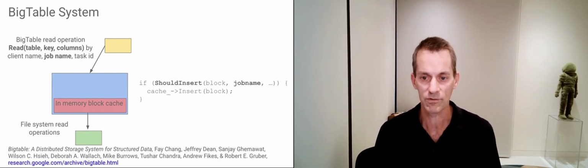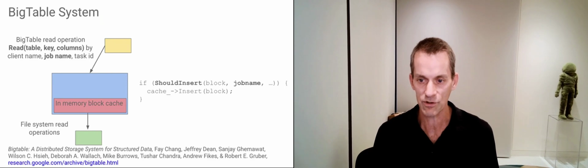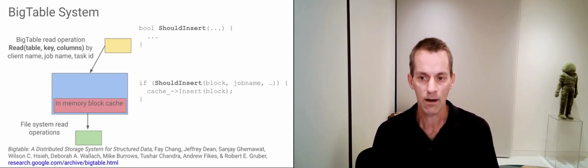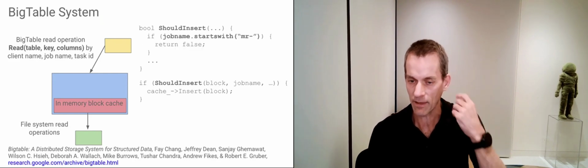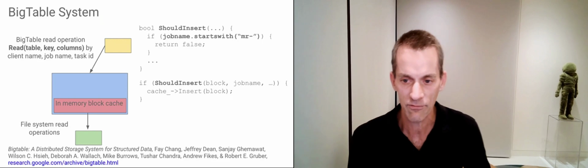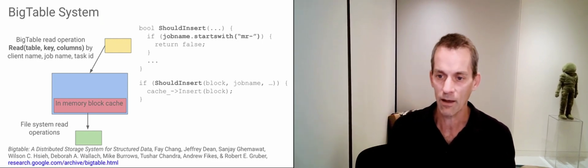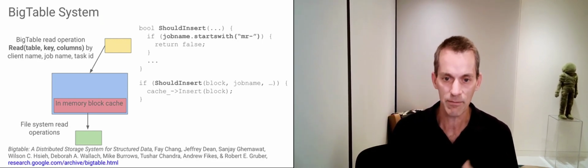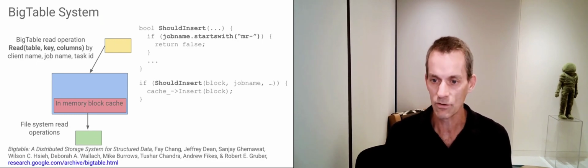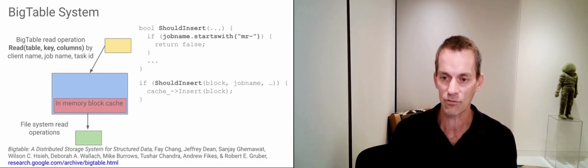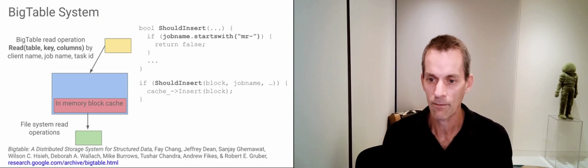And so there's some code that looks something like this. If we should insert it into the cache, then we insert it. Now, there's a bunch of contextual information available here that would make sense to consider when deciding whether to insert this particular block into the cache. Maybe the job name of the client job would be useful to know if this block is likely to be reused or not.